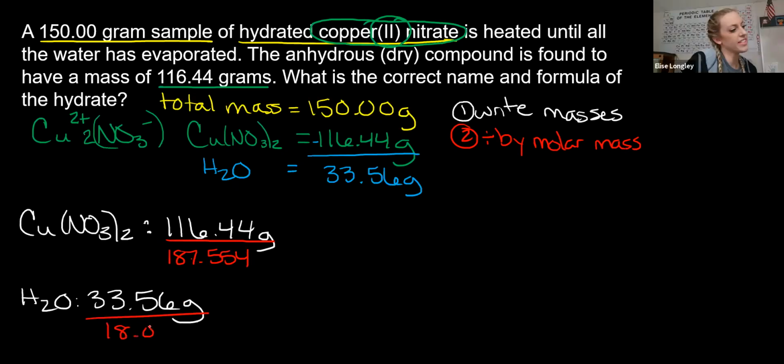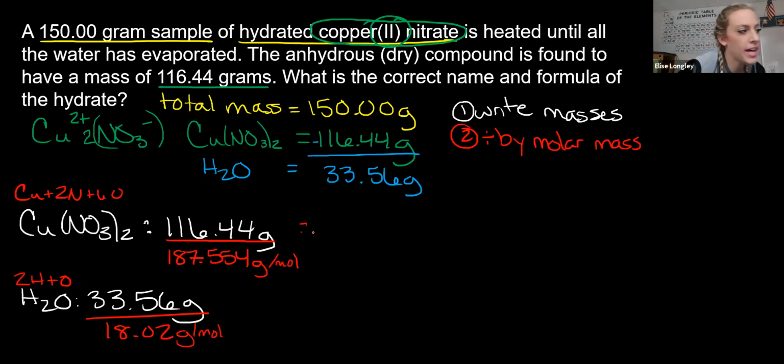Love it. Yes. So she found these molar masses by adding these up from the periodic table, just as a reminder. So that gives us the number of moles. When you do that, what do you get for moles of copper?